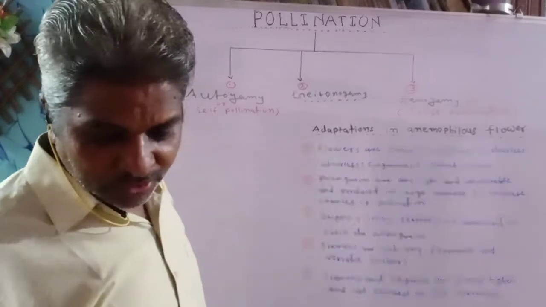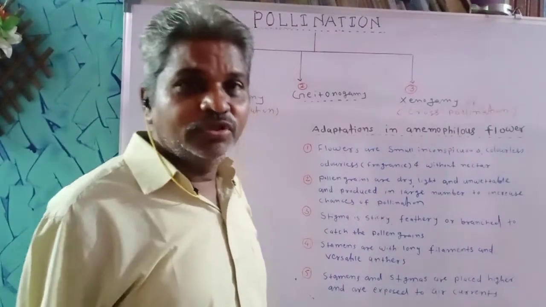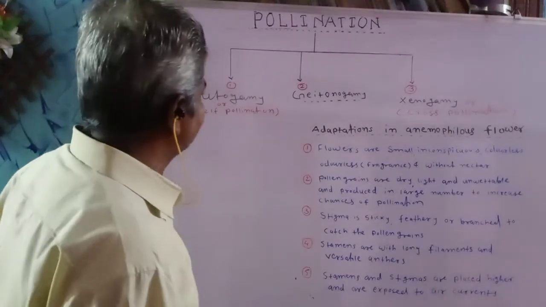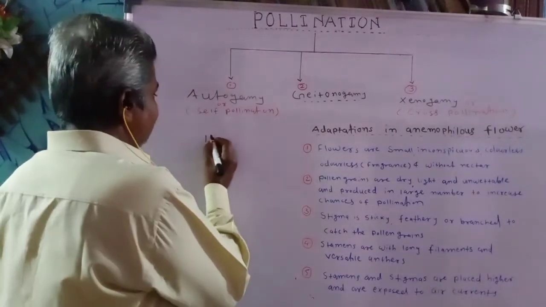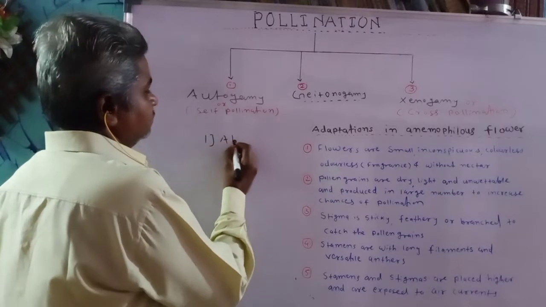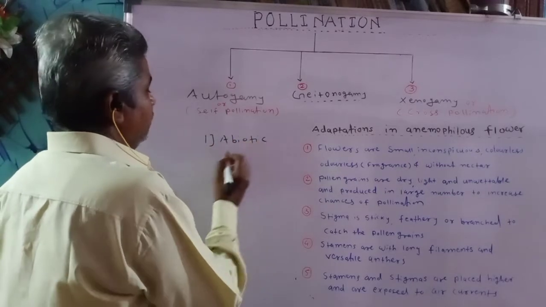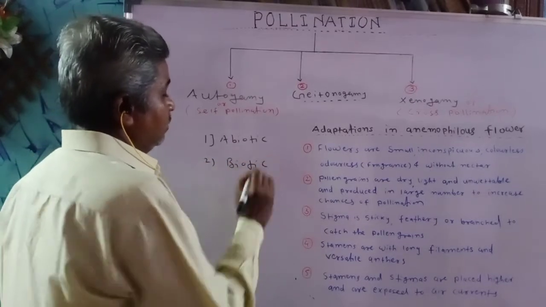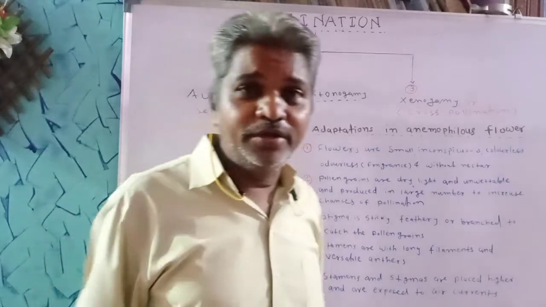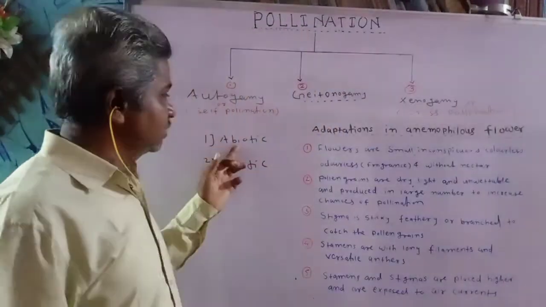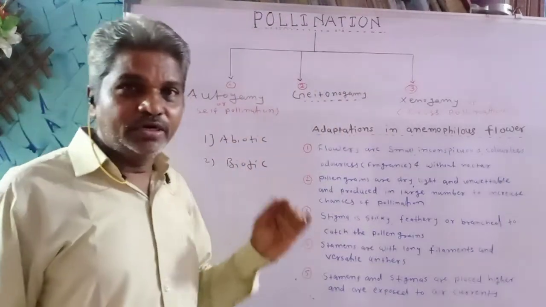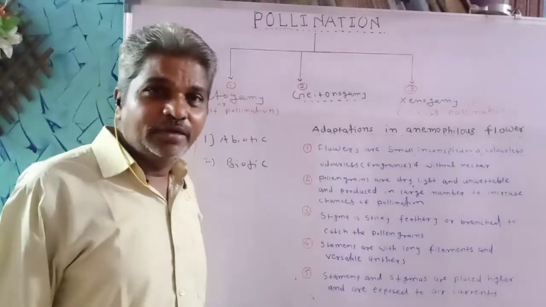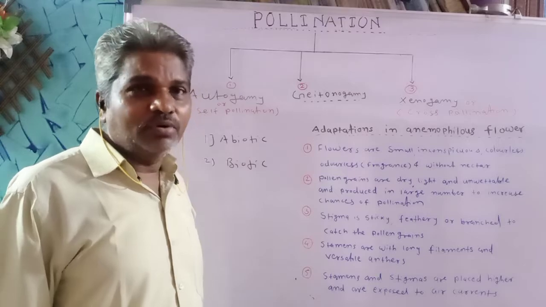So pollination occurs with the help of different agencies, and these agencies are of two types: abiotic agencies and biotic agencies. The agents which carry pollen grain from anther to the stigma may be living or non-living.